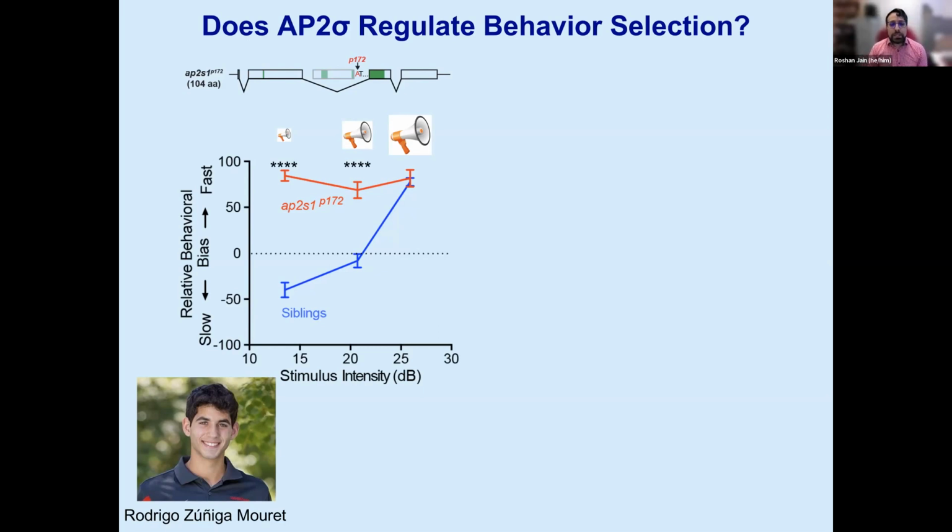All right, and so this is also a partial loss of function here. So we looked at a few of our other alleles, and for all the behavioral things that I'm going to tell you about today, we've looked at a number of our alleles, and all of them are showing pretty similar behavioral deficits.